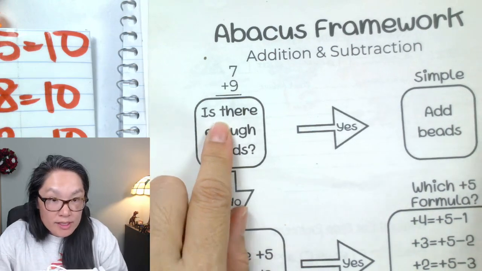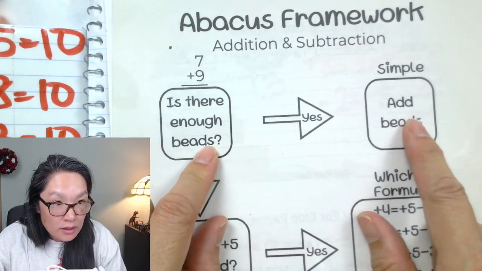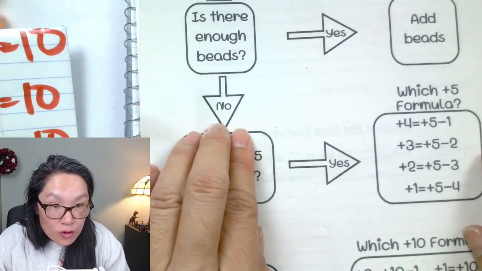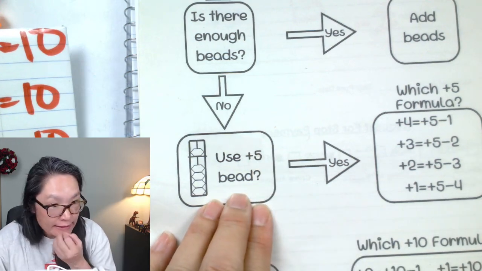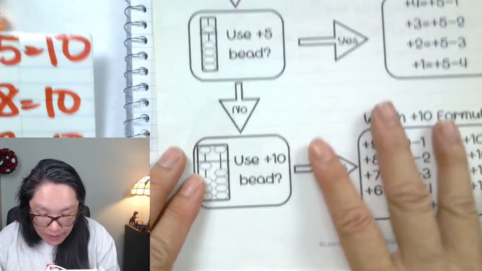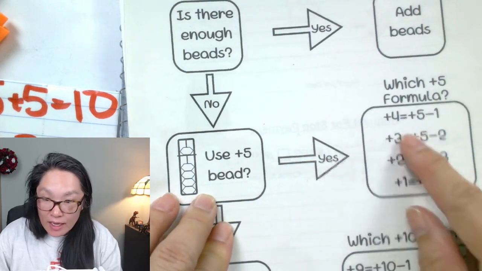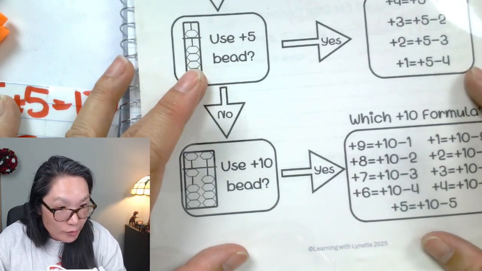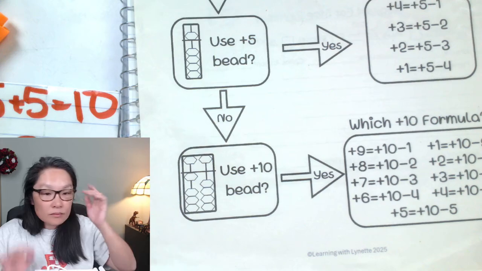And so the question is, do you have enough beads? If you do, then you add it. Then the next question is, if you don't, can you add the 5? No, you can't add the 5. Then you go to the 10. But if you can add the 5, then you use the 5 formula. If you cannot add the 5 formula, then you do the 10 formula. So you're absolutely right, Ellie. Thank you for catching that.